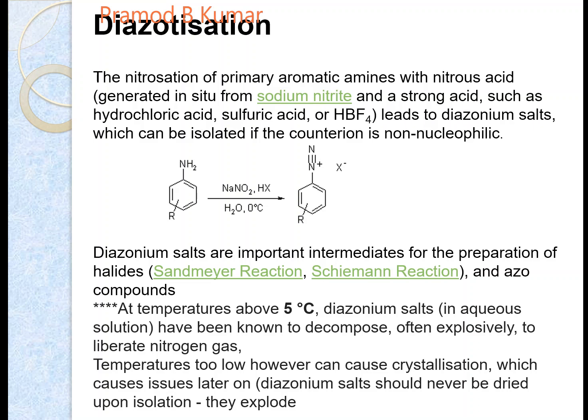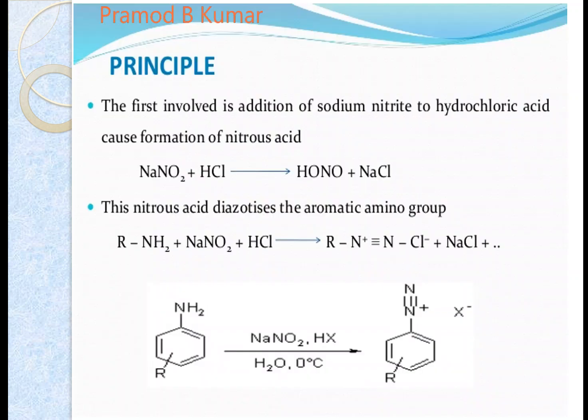If it is too cold, below 2, then also it is a problem. It will crystallize out and it will not react. And if the temperature is too high, it will decompose into nitrogen and become a very highly reactive electrophile. So the temperature plays a very important role in diazotization.